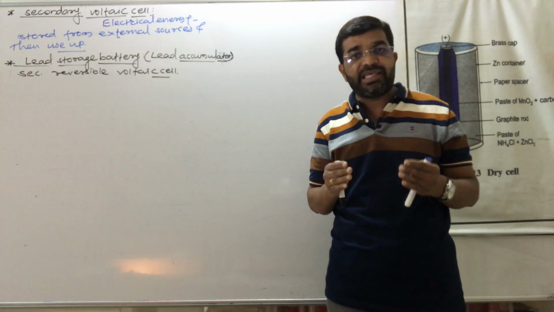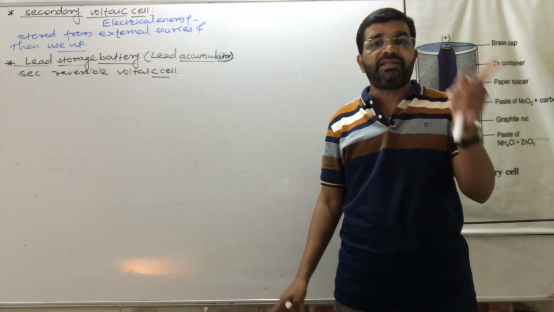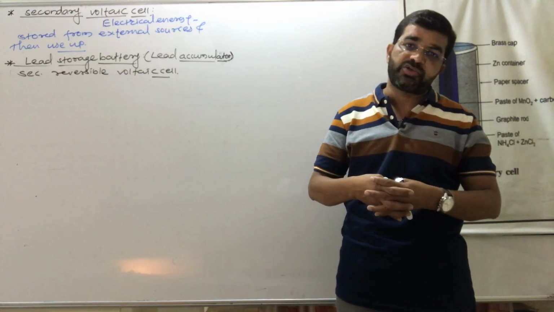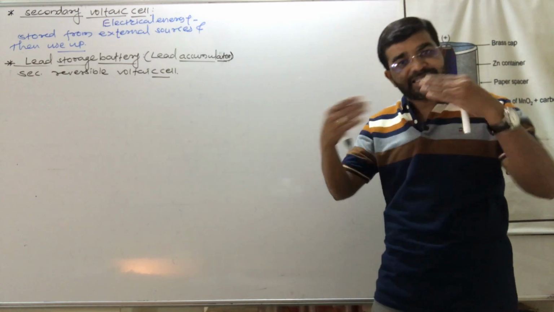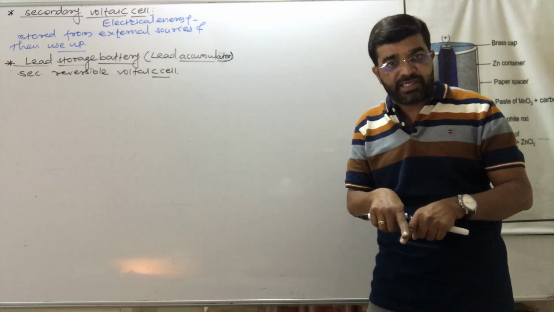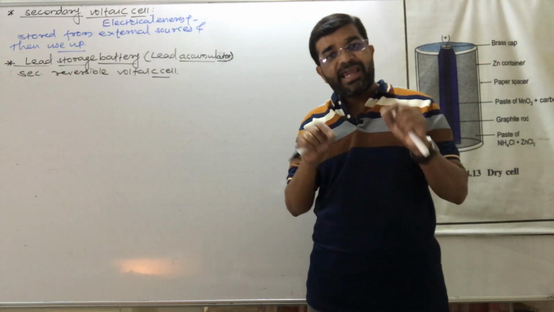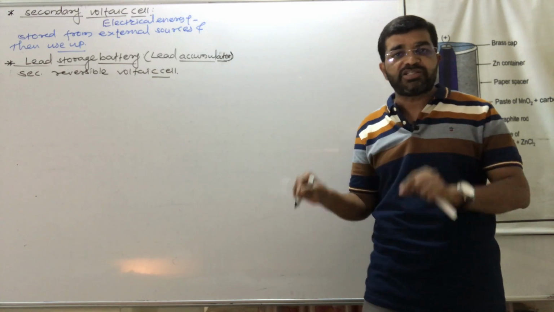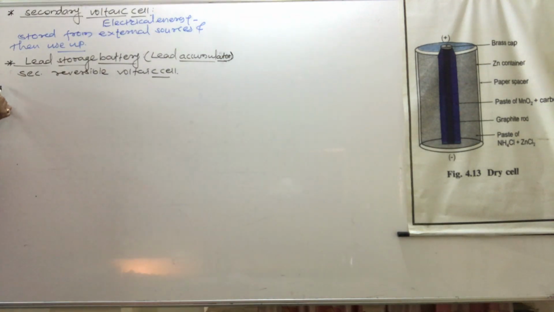When an external EMF greater than the EMF of this cell is applied, the cell reactions are exactly reversed. Therefore it is called a reversible cell. This cell can be charged and this cell can be discharged. So both discharging and charging processes take place during the working of this cell.